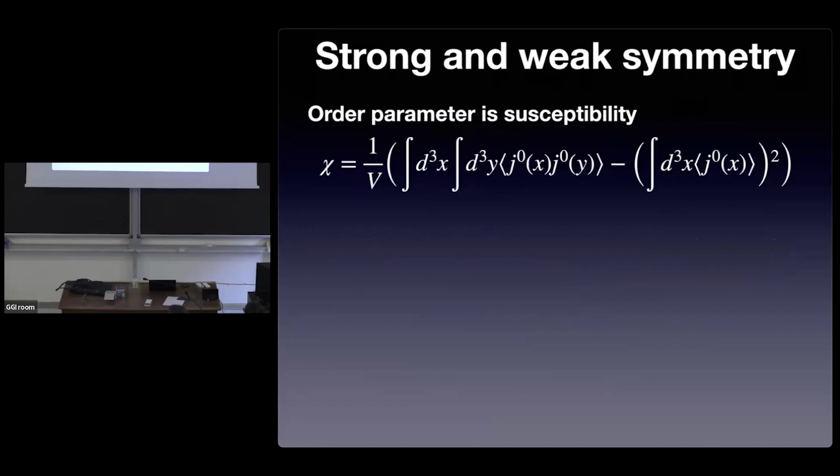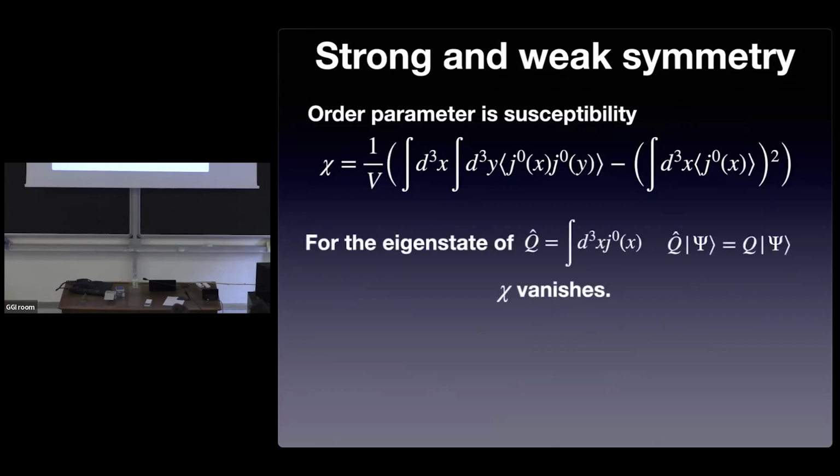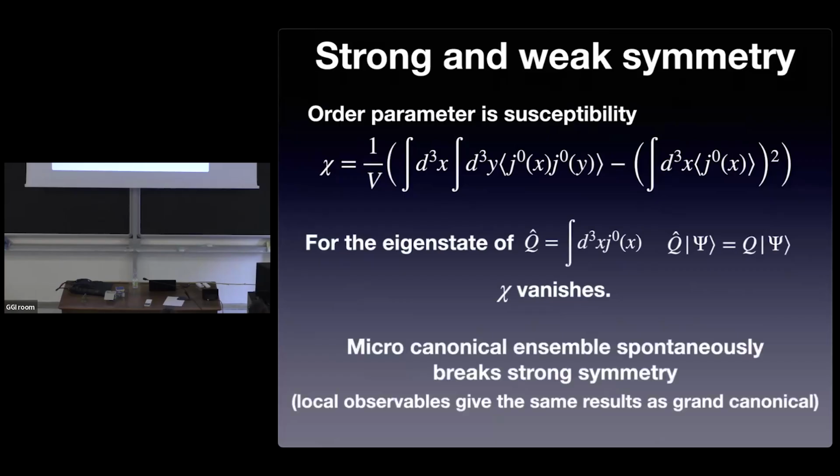J0 is a charge density, and usually in thermodynamics this value is non-zero. But if the state is an eigenstate of the charge, then naively you can say that this becomes zero, right? But usually in thermodynamics, this is not the case.